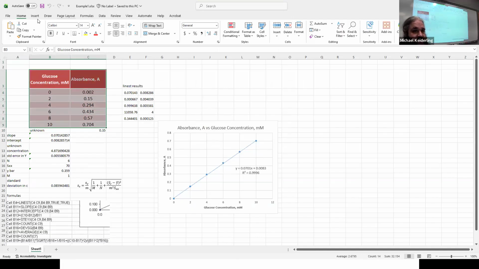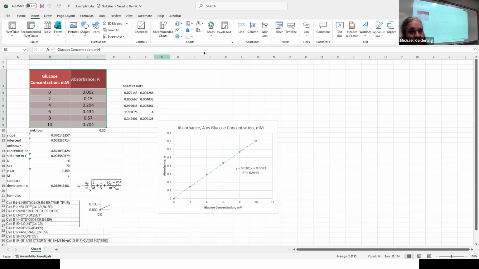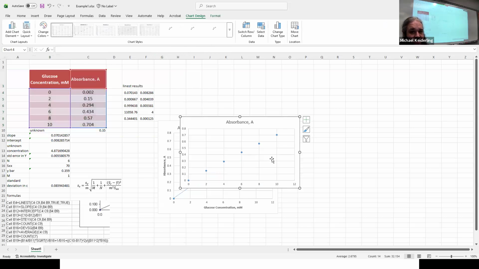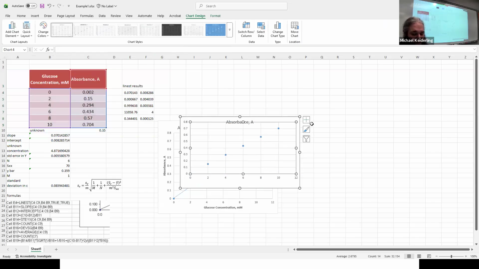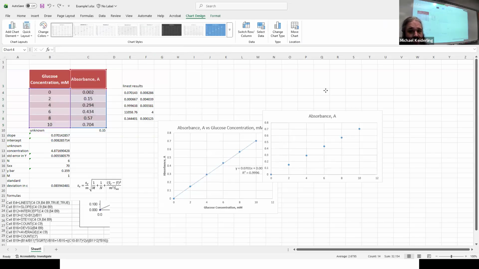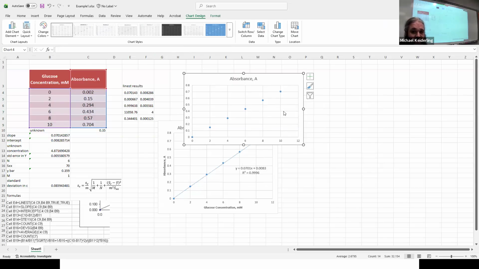Actually, select this. So if you're using Excel, you can insert a chart, a scatter plot. So you can insert a scatter plot, and if you want to fit it, you can go to the plus and add a trend line, and that'll do a linear fit.